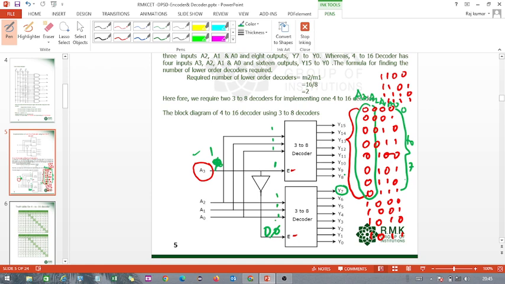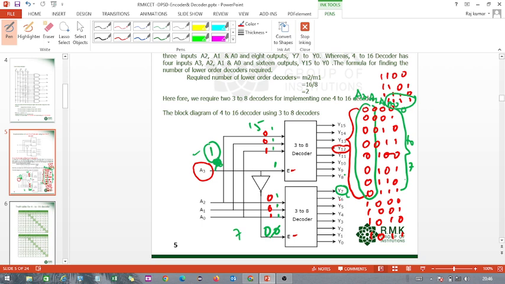Okay. So with the same combination, if you keep this high always and keep changing these values, say suppose this is 0, 0, 1, here also 0, 0, 1, and suppose this is 1, 1, here you are simultaneously selecting the 12th information as well as the 4th information.